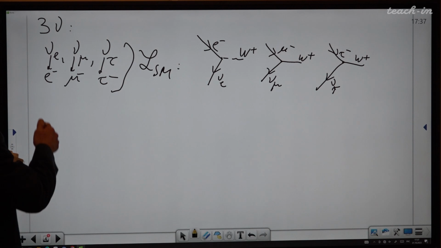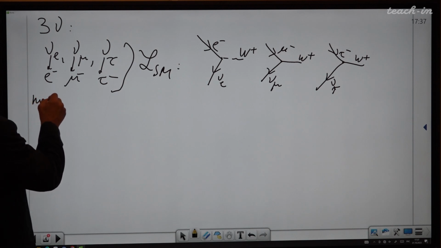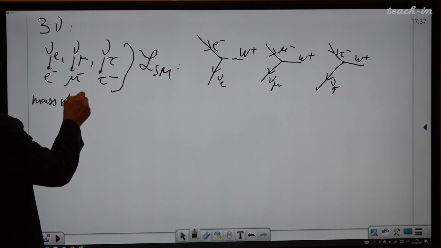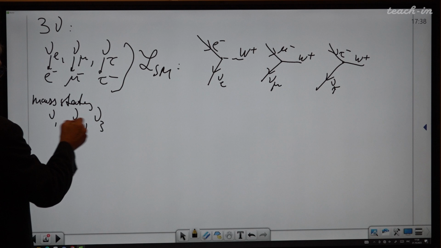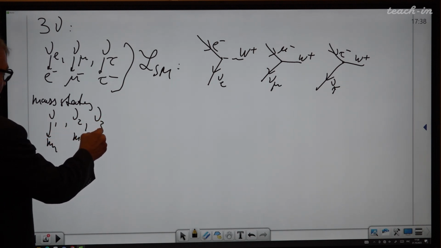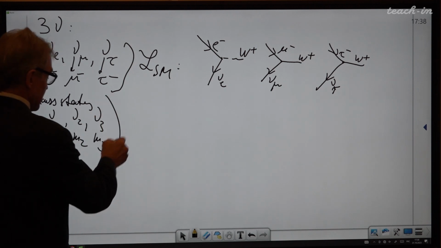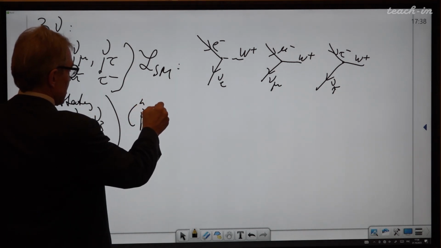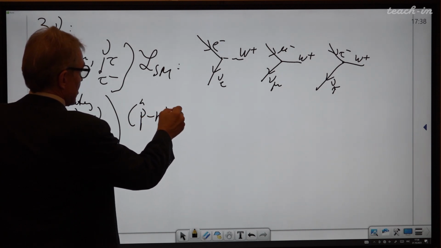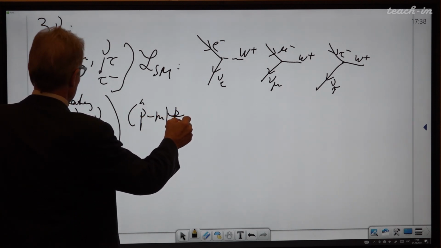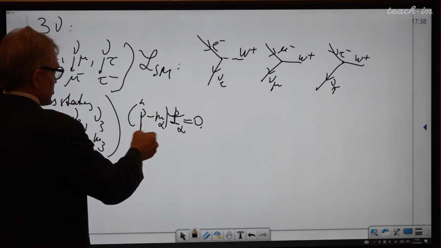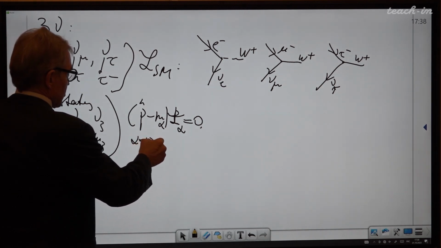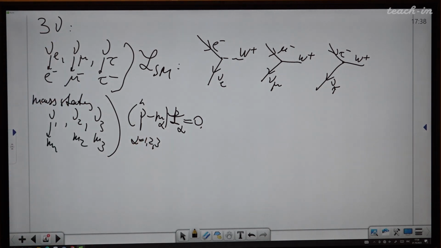And of course, there are mass states nu1, nu2, nu3, with corresponding masses m1, m2, m3. For these neutrinos we can write the equation of motion, alpha equals 1, 2, 3. We know how they propagate.